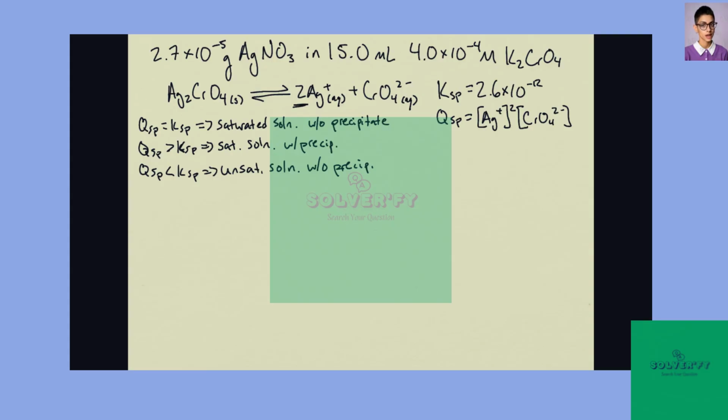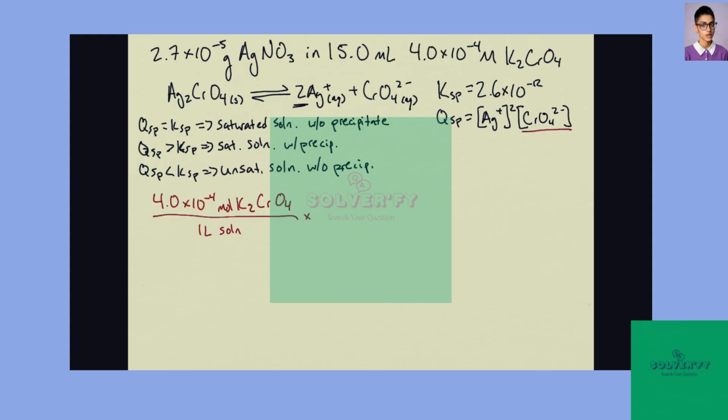Let's start with finding the concentration for CrO4 2-, since it's a little bit simpler. We know we have 4.0 times 10 to the negative fourth molar K2CrO4, which means we have 4.0 times 10 to the negative fourth moles of K2CrO4 for every liter of solution.